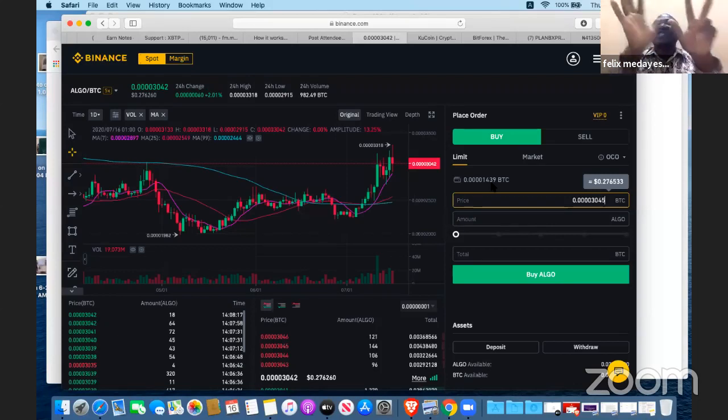Then it comes to 7-digit Satoshi, which we call millions of Satoshi. How many zeros is it going to be? It's going to be 0.0. That's where they will say it is 0.01 BTC. Once somebody tells you it's 0.01 BTC, that's about $100, if Bitcoin is about $10,000.